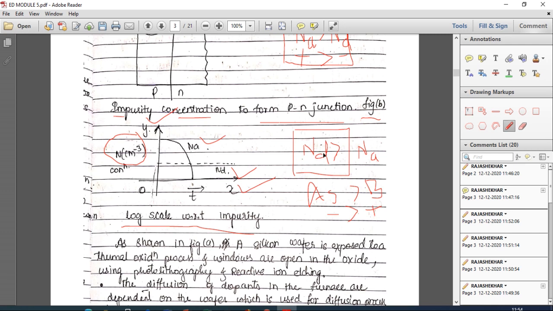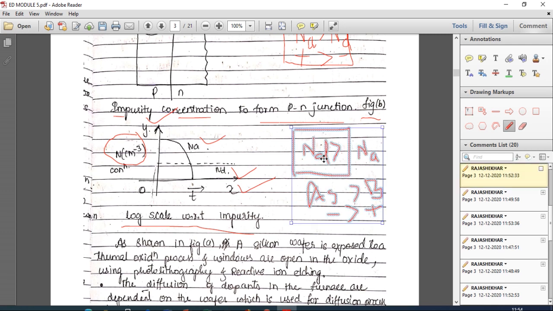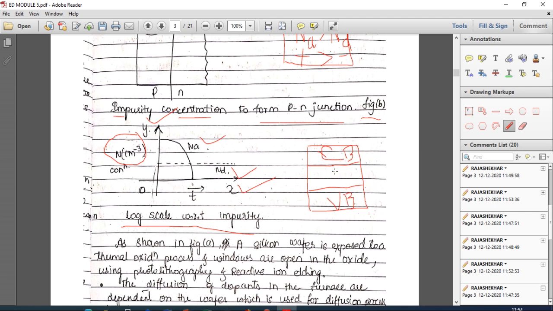Okay, so I hope you guys studied conduction band and valence band. As we know, this is the conduction band and this is the valence band, and this is the forbidden energy gap.